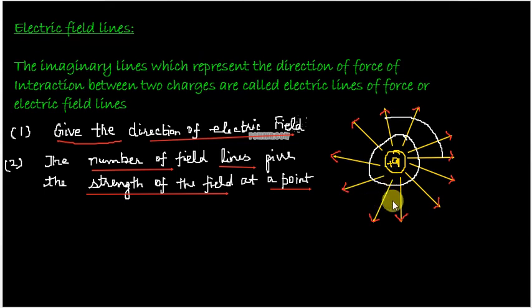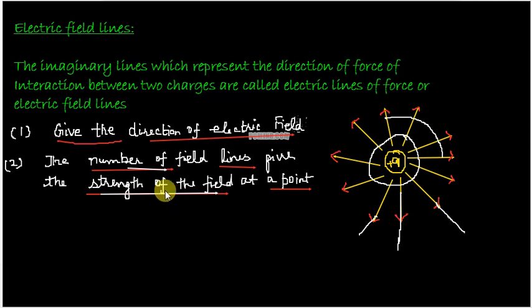So as you keep moving away from the charge, the field lines move farther and farther apart. The crowding of the lines near the charge indicates a strong electric field nearest to the charge. Thus we can say that the number of field lines gives us the strength of the field at that point. And this completes the definition also, that the imaginary lines which give the direction of the electric field and the strength of the electric field at a point are known as the electric field lines.